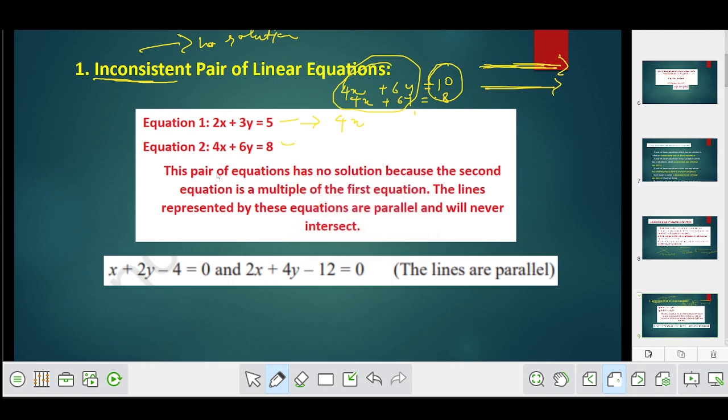So we can say that this is an inconsistent pair of linear equations. Inconsistent means it has no solution. Equations which have no solution define parallel lines, because they will never intersect. Right? Are you getting it?